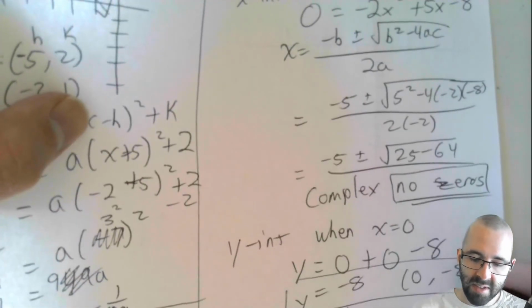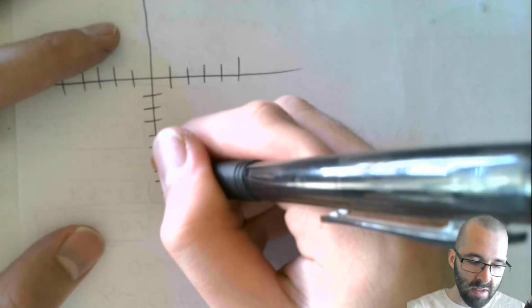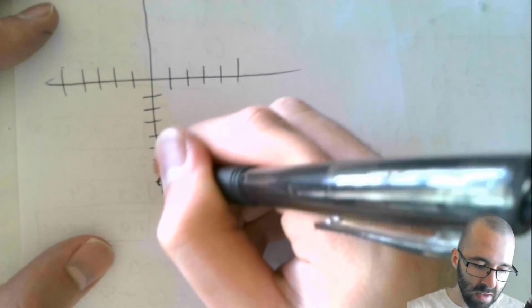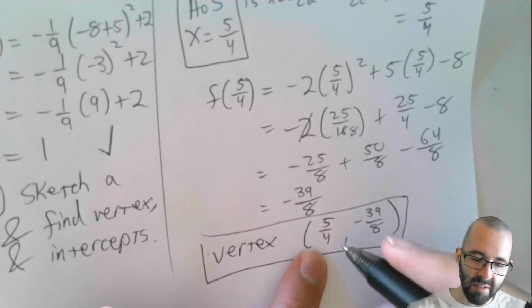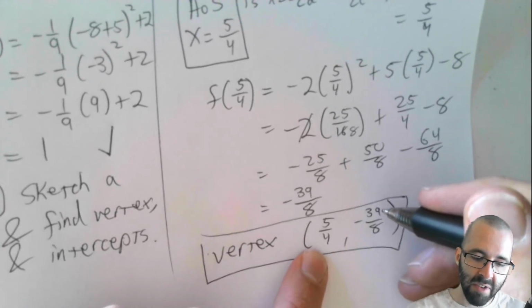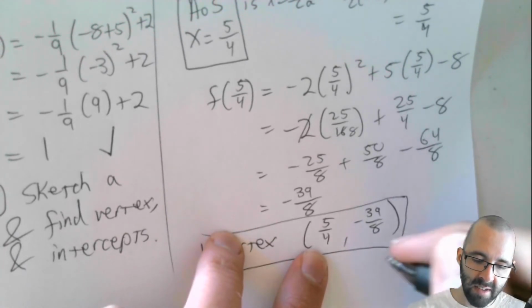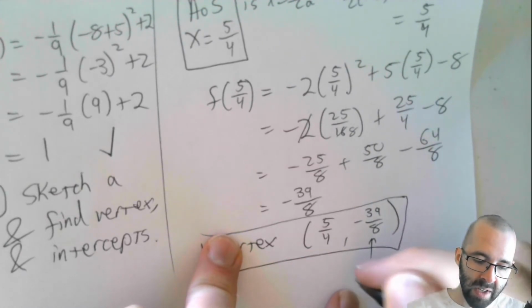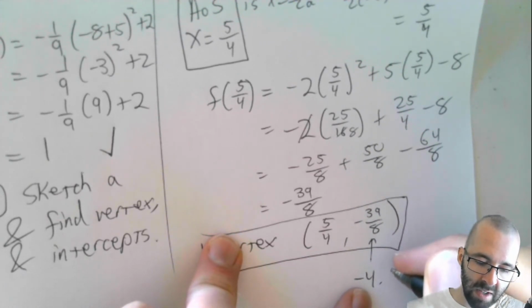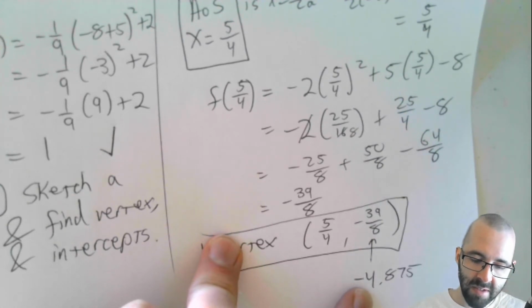The y-intercept, is it 0, -8? Let's plot that. 0, -8 is right there. The vertex is at 5/4, -39/8. And you might want that as a decimal for plotting. It's going to be -4.875, I believe.